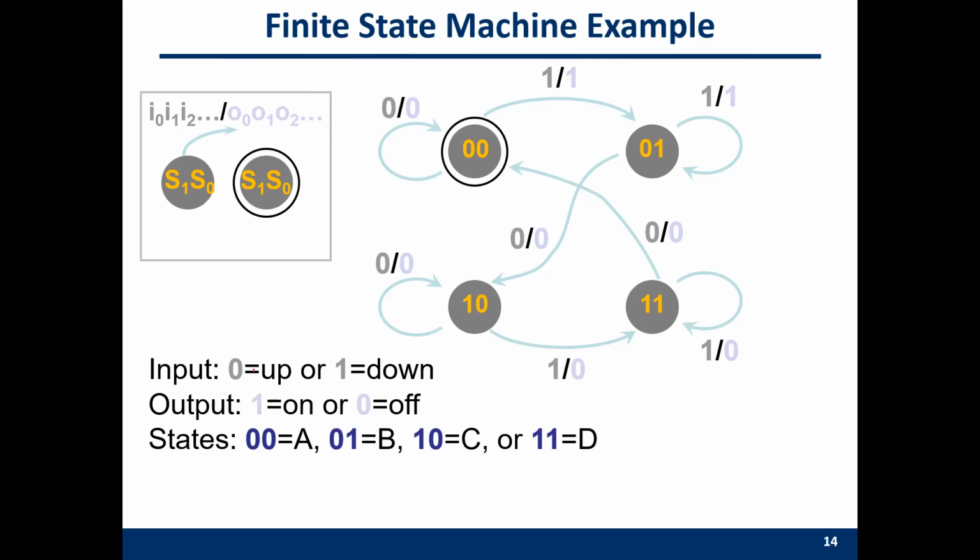Up and down are 0 and 1. And then we can encode the entire finite state machine like this. This part, of course, is the input, and the right part is the output. And then you still have a lot of transitions here.